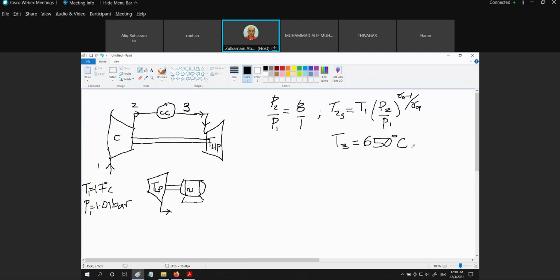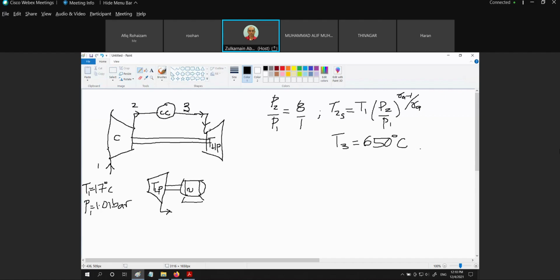Okay, guys, I need to explain this very carefully, because a lot of students omit the combustion chamber. They don't draw the combustion chamber.